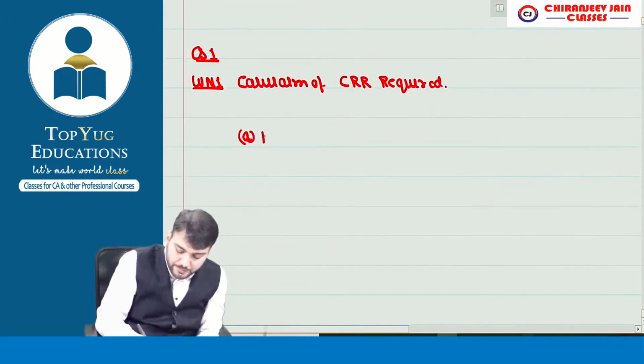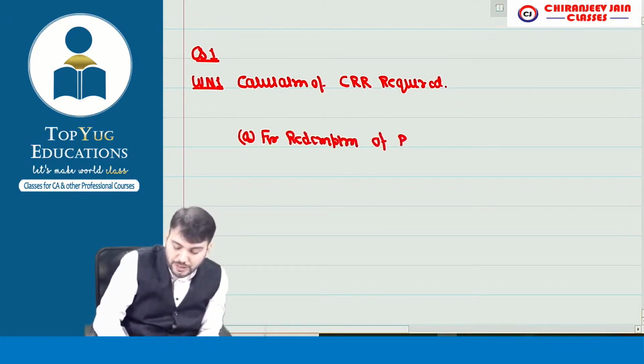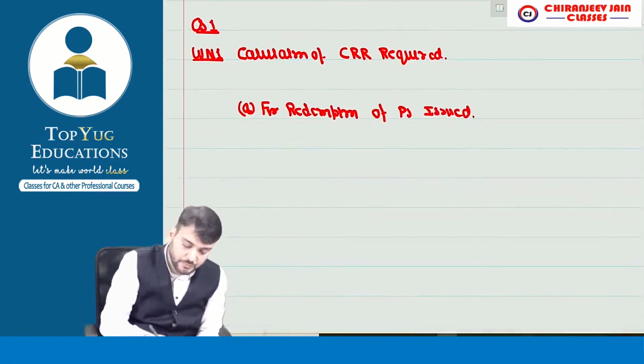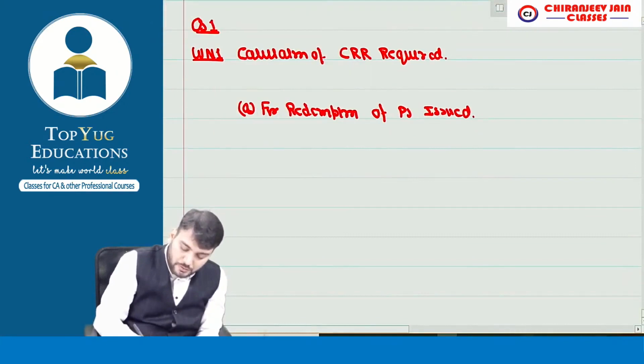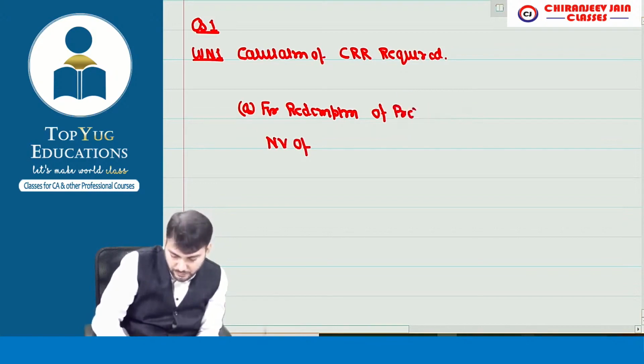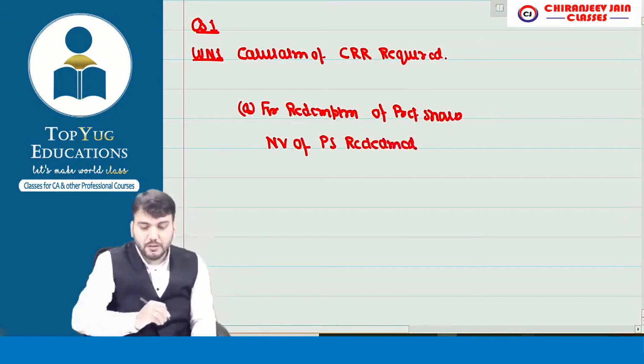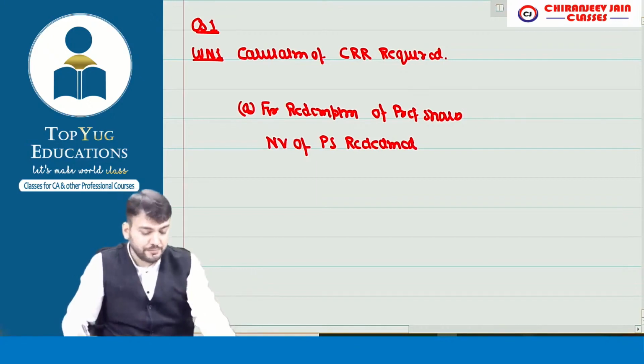Look at point number A. For redemption of preferences issued, what is the nominal value of preferences redeemed?